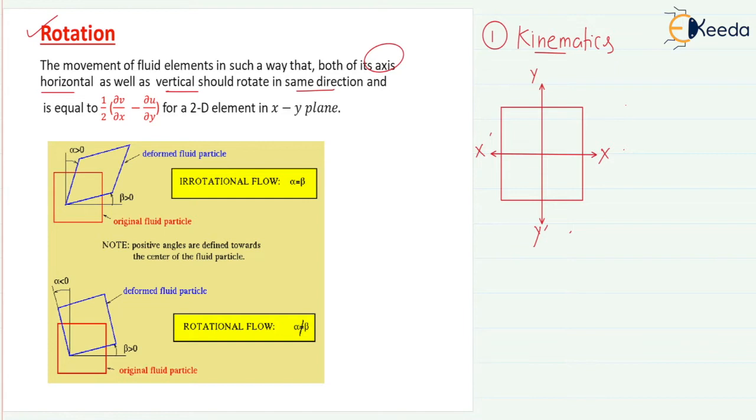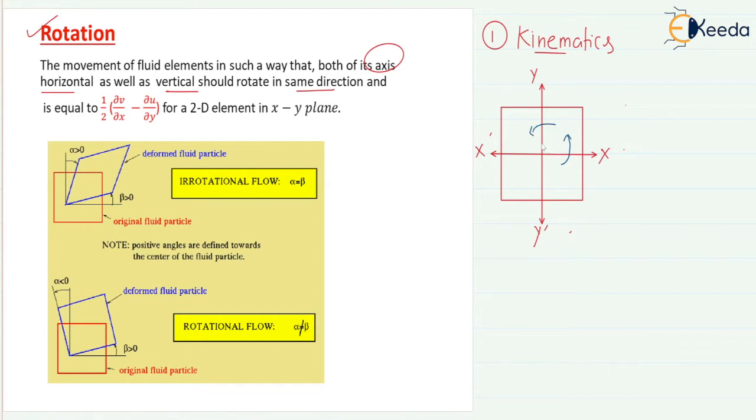As per this definition, both axes, x and y, should rotate in the same direction. So if x is moving in the anti-clockwise direction, then y also should move in the anti-clockwise direction.